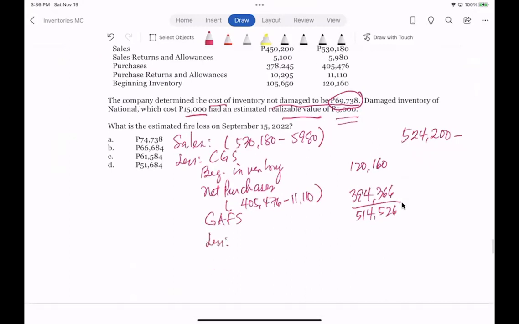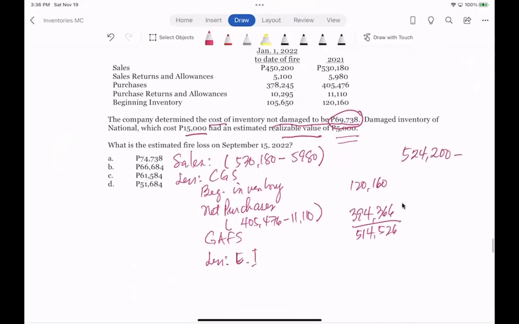Deduct ending inventory, and your ending inventory is the beginning for 2022. That is 105,650.